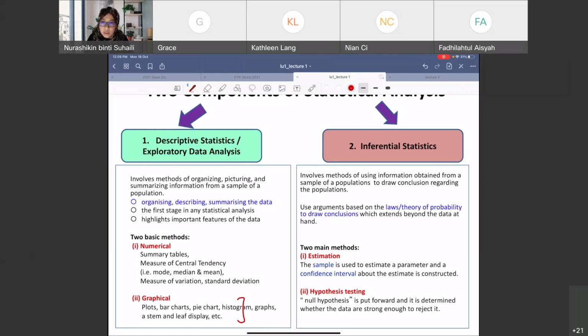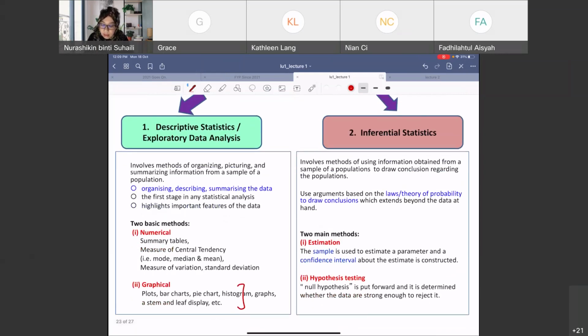Now, moving to inferential statistics. Inferential statistics is when we have the information or the data, but we use that information to estimate, to predict, to make forecasts.